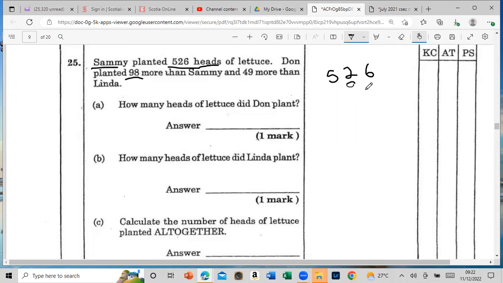So we simply add them, and then we get Dan's own, right? So 8 plus 6, that's 14. 9 and 1, 10 plus 2, that's 12. So Dan planted 624. Right?